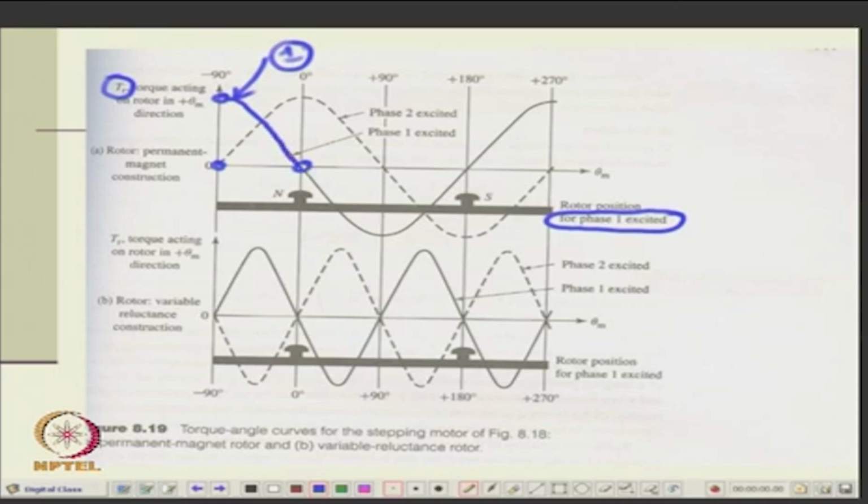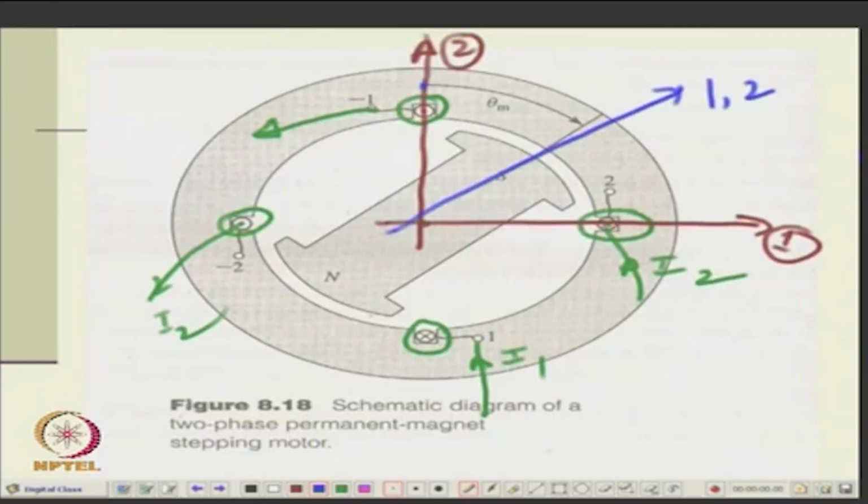And if the rotor is moved in the other direction, it will get pulled back. So, supposing the rotor is somewhere here, it will experience a torque in the opposite direction, and when it is here it will experience torque in this direction, is it not? Is it clear?